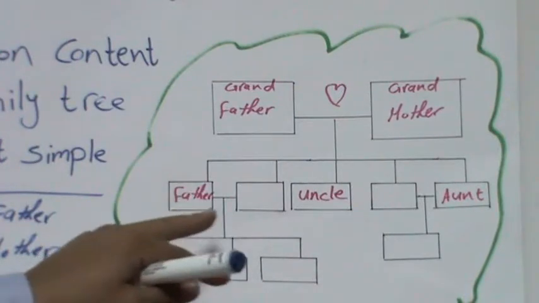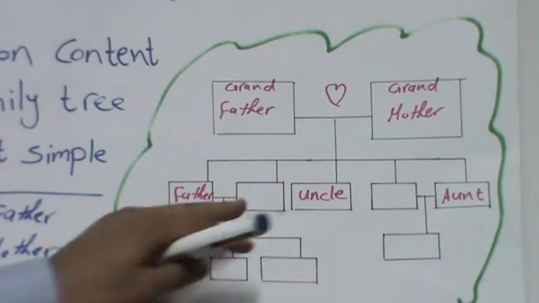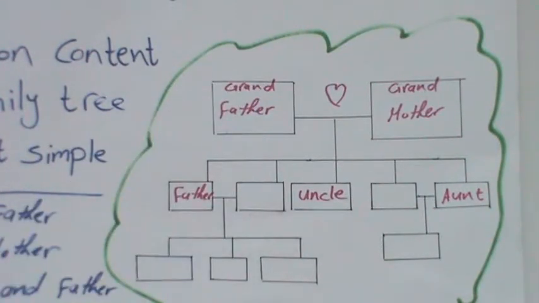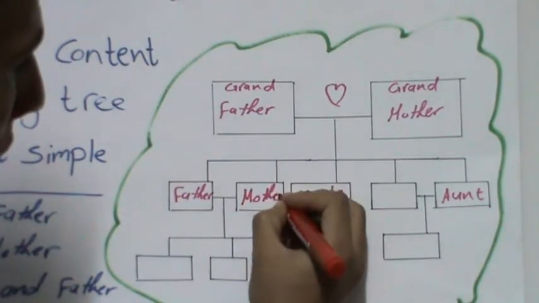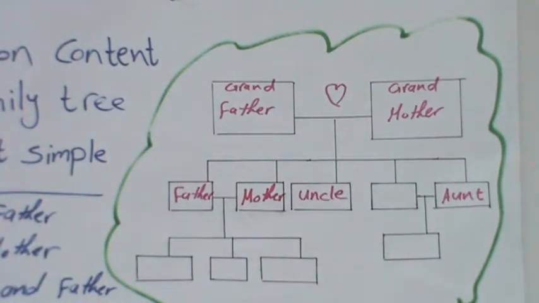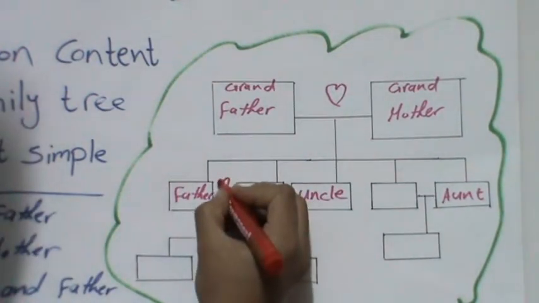And here will be your mother, which is a part of your father's family. So here will be your mother. Okay? And your father and mother, between them is love. Yes. Okay.